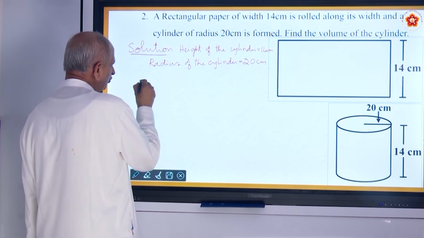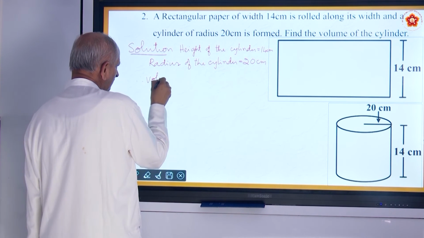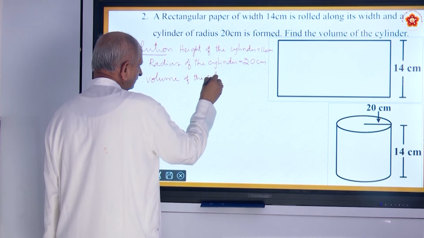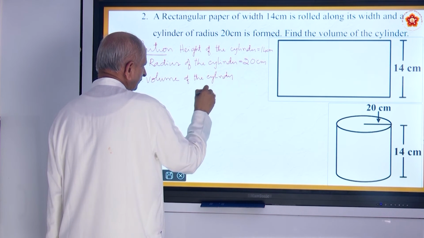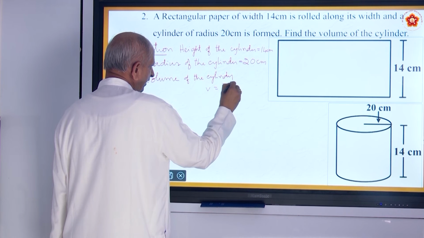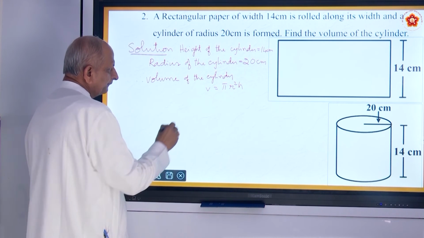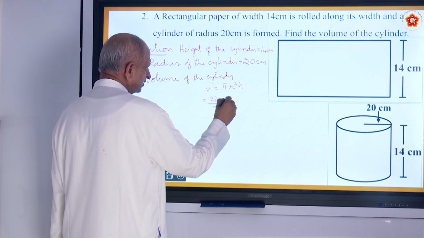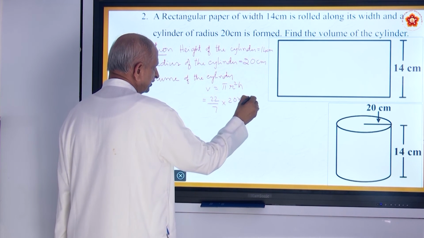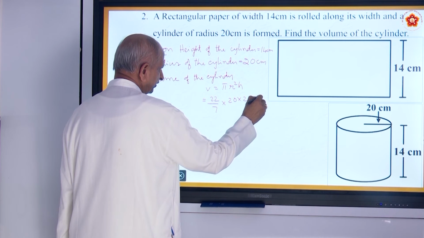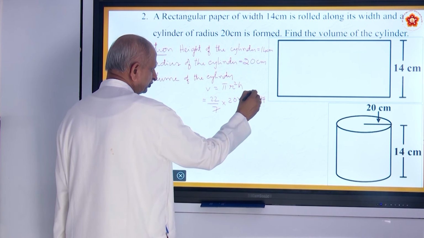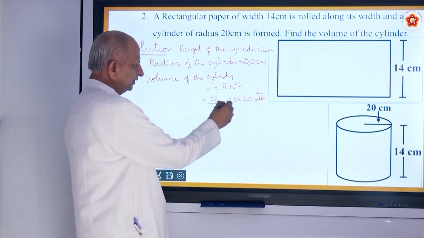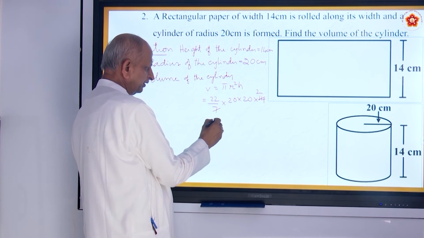And therefore, the volume of the cylinder V is equal to pi r square h. Pi is 22 by 7, r square is 20 into 20, into h is 14. 7 ones are 7, 7 twos are 14. That is equal to 400 into 800.